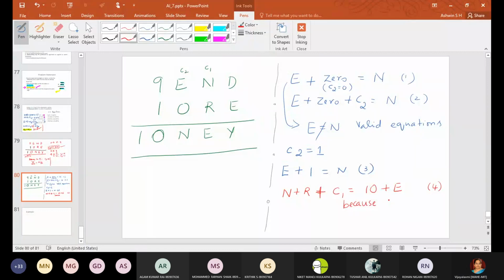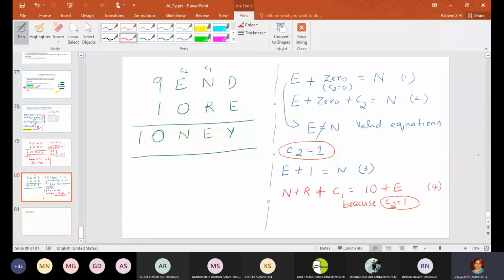Why did I write 10 plus E, do you know? I can write N plus R plus C1 is equal to E, and the carry generated is 1 because C2 is 1. Are you following? Yes, ma'am.